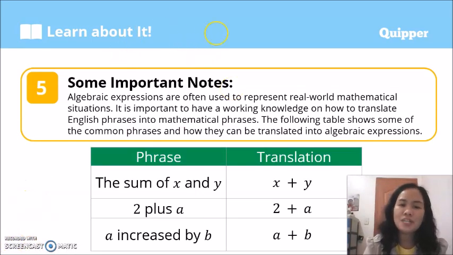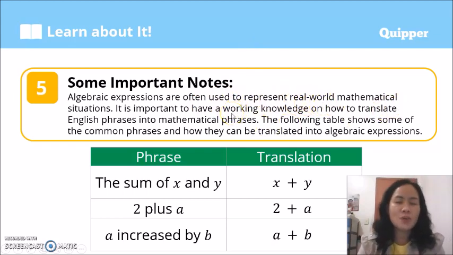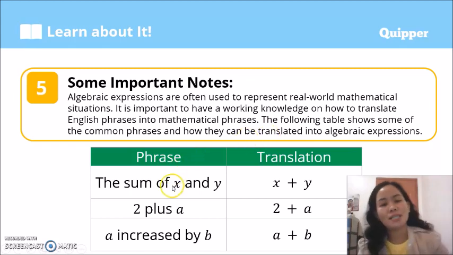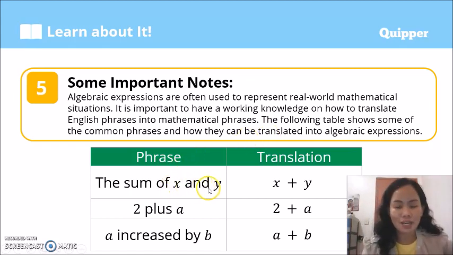Okay? And so, algebraic expressions are often used to represent real-world mathematical situations. So, it is very important to have a working knowledge on how to translate English phrases into mathematical phrases. So, we have here a table that shows some of the common phrases and how they can be translated to algebraic expressions. Okay, example, we have the sum of x and y.